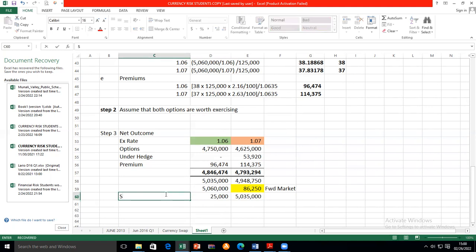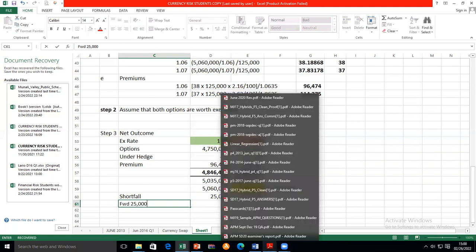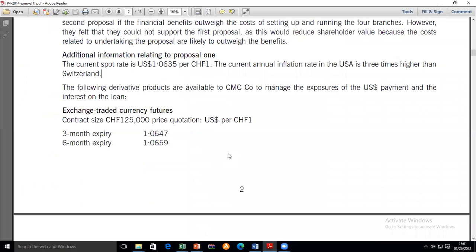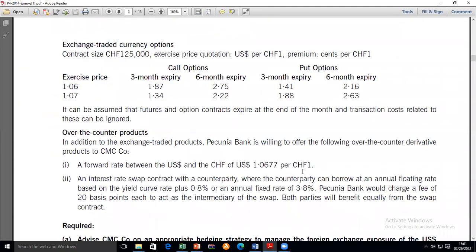What are you going to do about this shortfall? We are going to hedge it on the forward. So it's 25,000 divided by the forward rate. Remember the forward rate? Let's pick the forward rate. The forward rate is here, 1.0677.